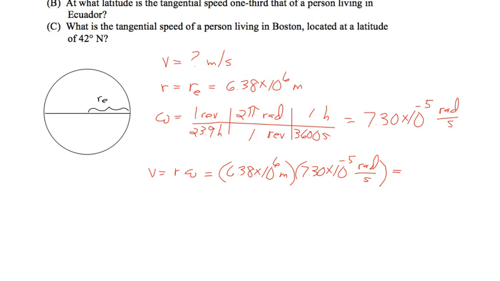Again, we can ignore the radian here because this really means that's what 1 radian is for this size circle. So if I wrote it per radian, the radian would cancel that. So I will get my answer in meters per second. And what do you get for that? 465.7, so 466 meters per second.